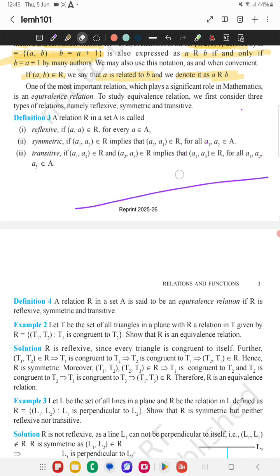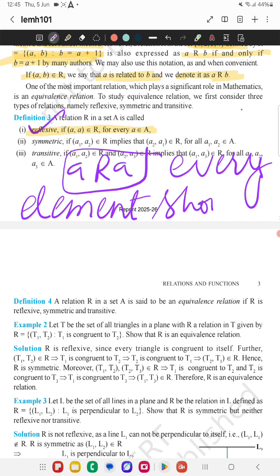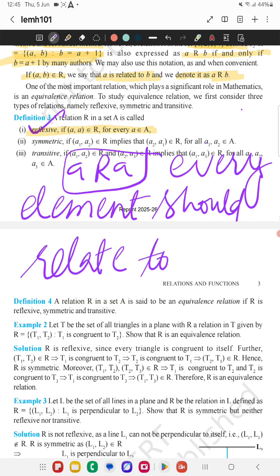So I will relate the reflexive relation with the term reflection: a relation is said to be reflexive if a is related with a, that is, every element should relate to itself.